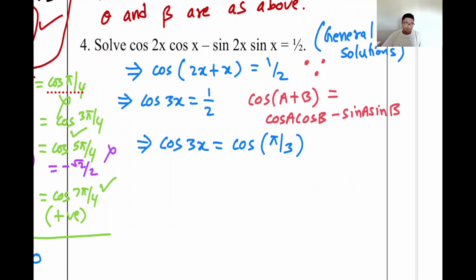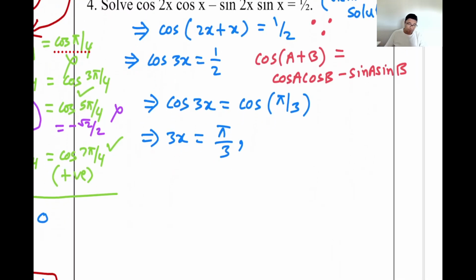Okay, and that means 3x is pi over 3, or the counterpart of pi over 3 will be minus pi over 3. Not necessary to write angles in positive terms actually, we are writing general solutions.